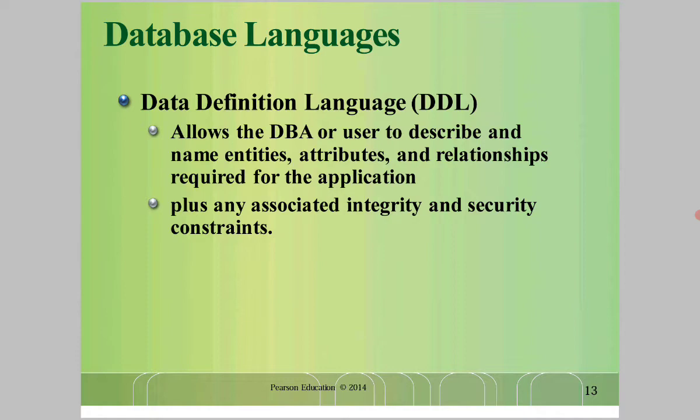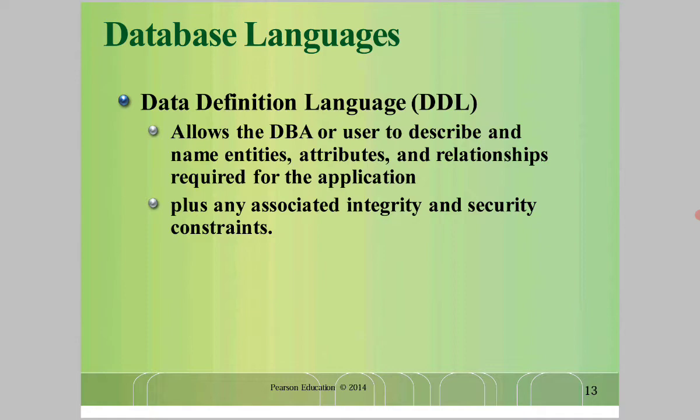So, that is DDL, data definition language, which allows the DBA or user to describe and name entities, attributes and the relationships required for the application, plus any associated integrity and security. By using DDL, the DBA or any users can create various tables, entities and attributes.